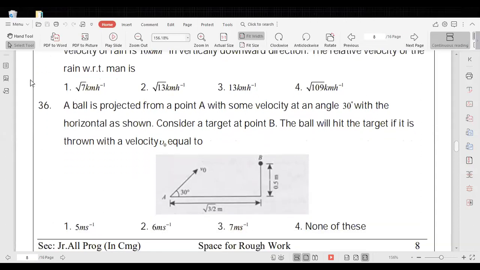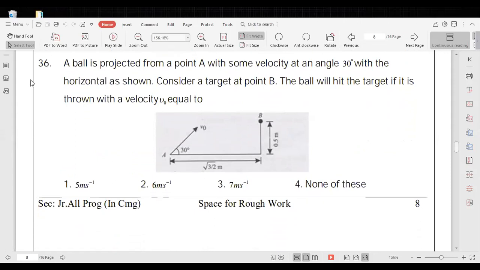What about 36? Okay, 36. Can you do the 36th problem? Okay, next.